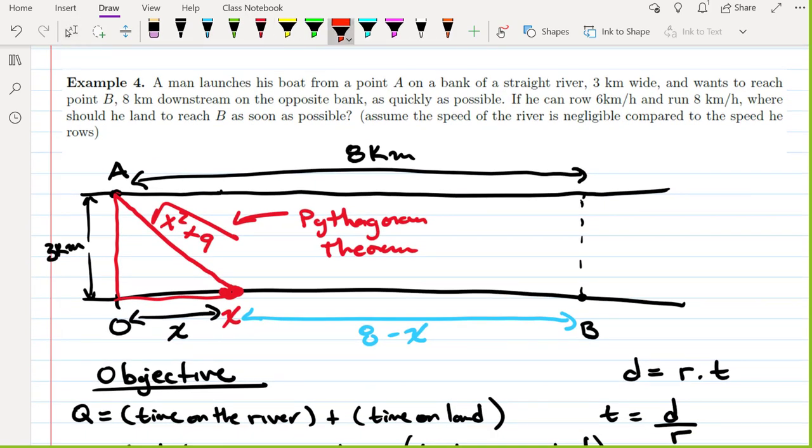And luckily, we know each of those speeds. So he can row at 6 kilometers per hour, and he can run at 8 kilometers per hour.